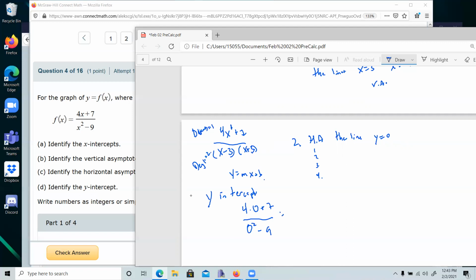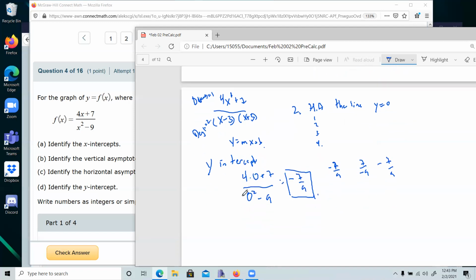That's 0. And all we have here is negative 7/9. Okay. And again, it doesn't matter how you write that; they are all the same number. So that's my y-intercept. Okay, so 0, negative 7/9.